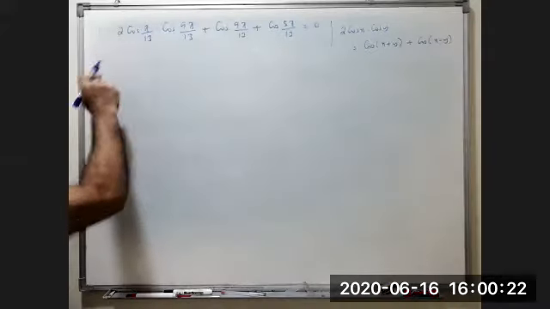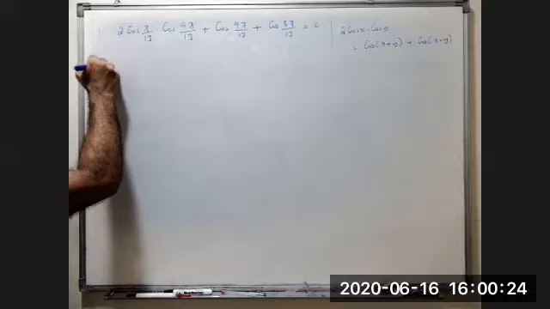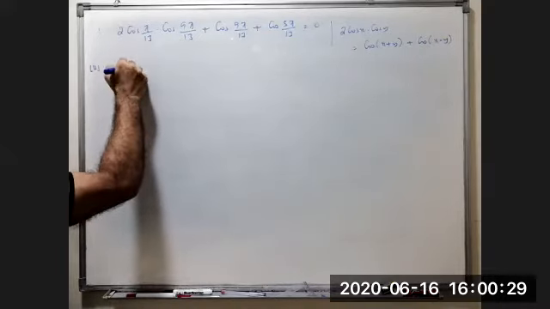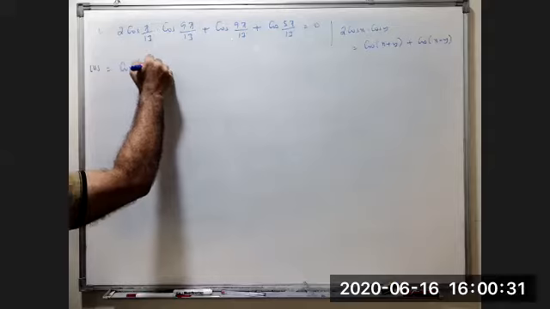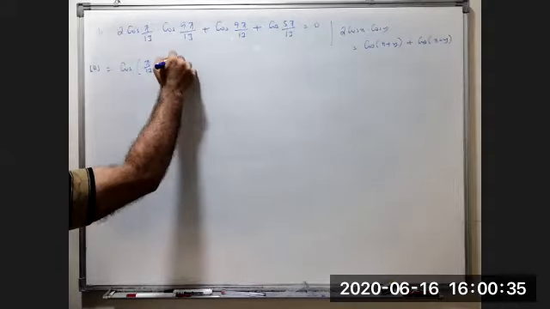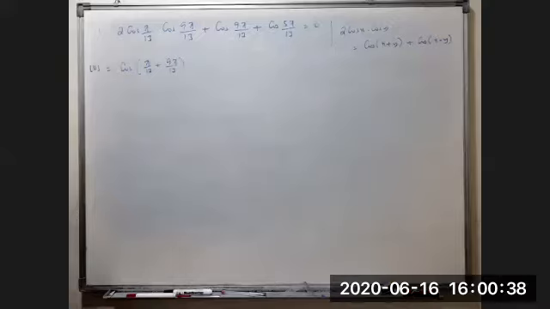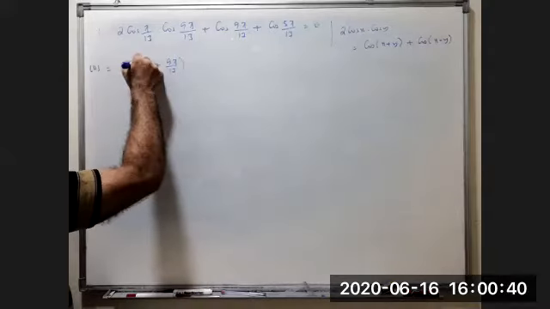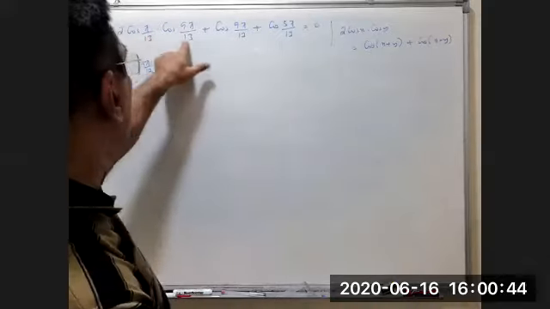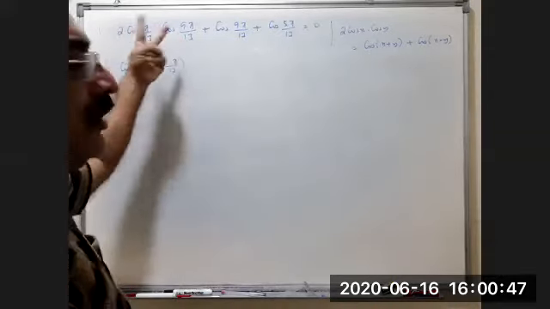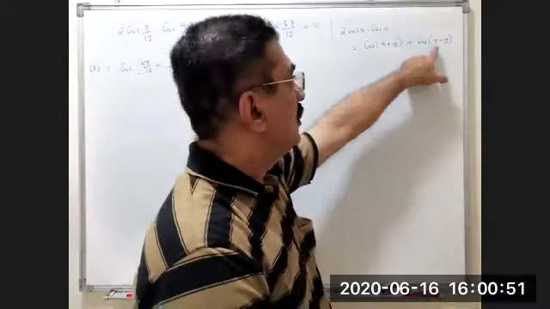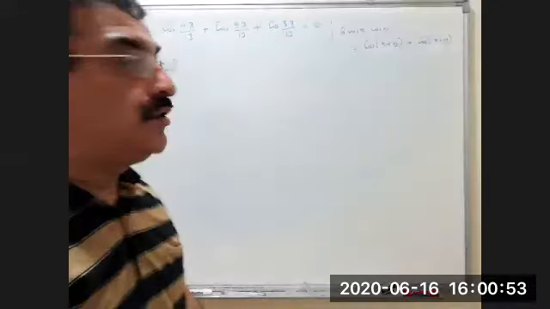If you are using that formula, 2 cos x cos y is cos pi by 30 plus 9 pi by 30. I am taking this one for convenience, because x, y, a to b or b to a is the same thing only. If I am keeping the bigger one first, then x minus y negative can be avoided.